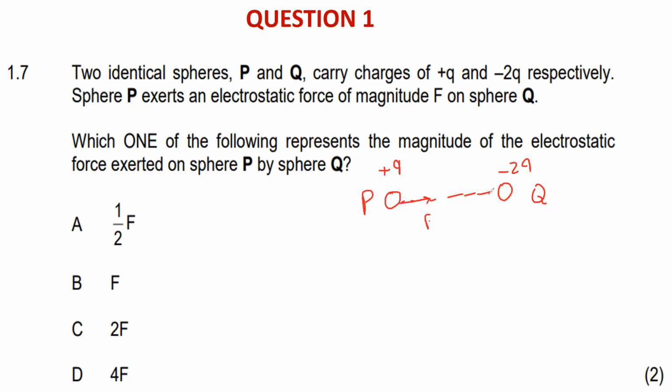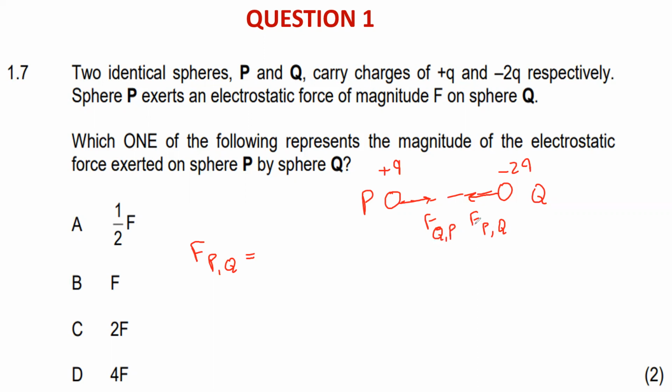Using Coulomb's law. They have the same magnitude of electrostatic force using the same formula. For example, let's say this is F PQ, and then this is F QP.